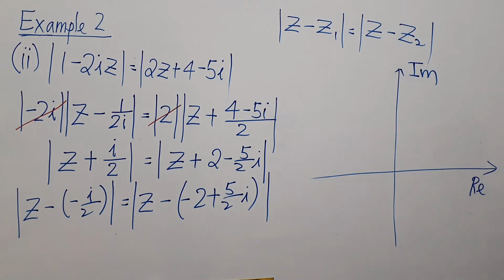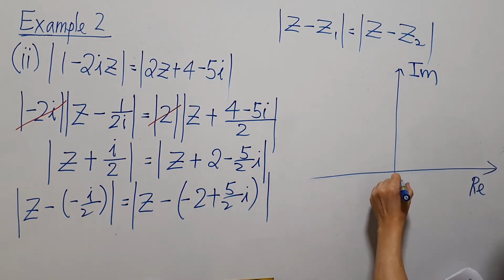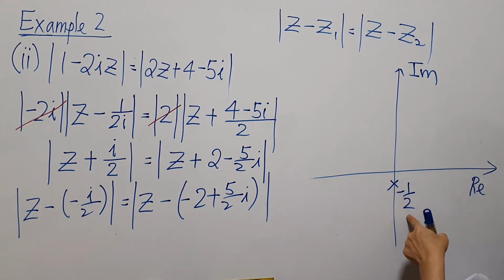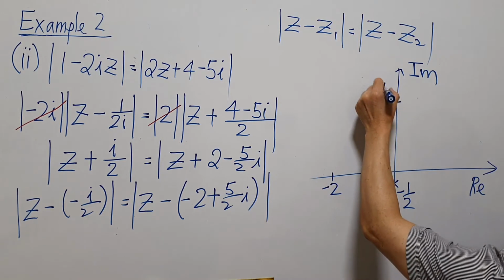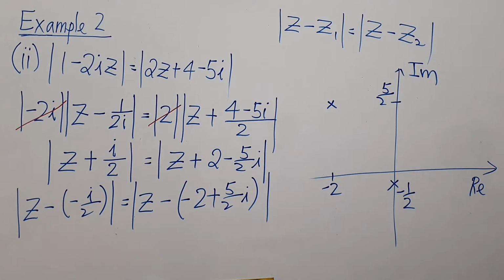So mark down the complex number minus i over 2, which is here. Bear in mind though, you mark down as minus half, not minus i over 2. We don't put i along this axis, just minus half. Then minus 2, 5 over 2 i will be roughly here. So it's actually the perpendicular bisector of these 2 points.